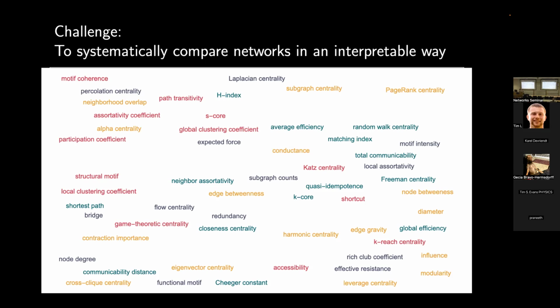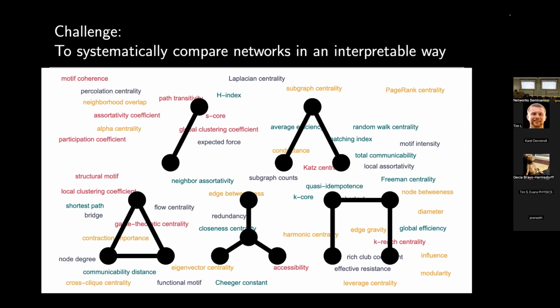It would be nice if there was a set of hierarchical statistics that would describe the network with an increasing amount of resolution, but still were interpretable.